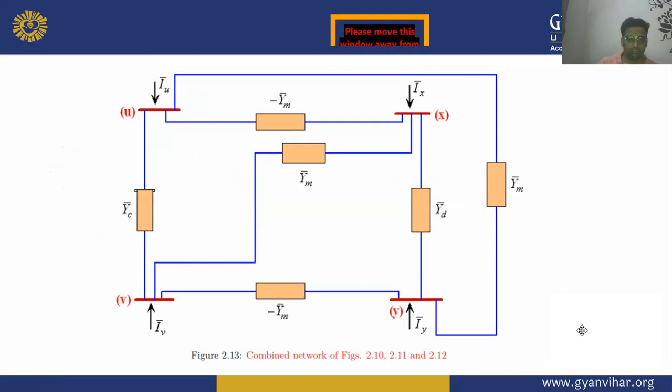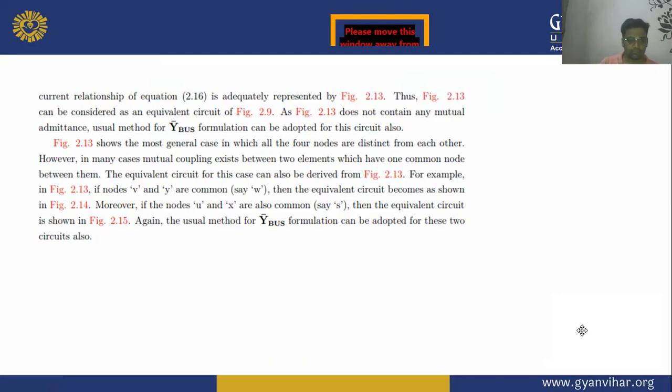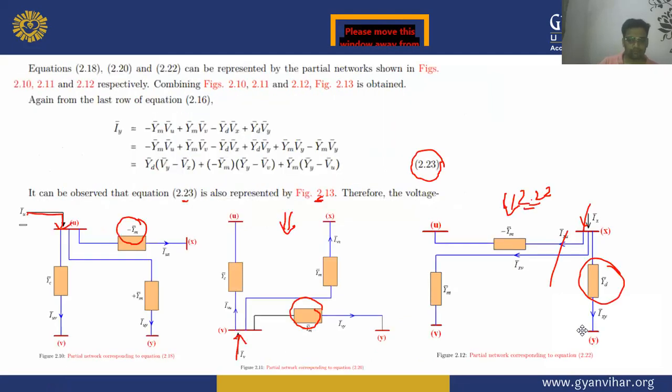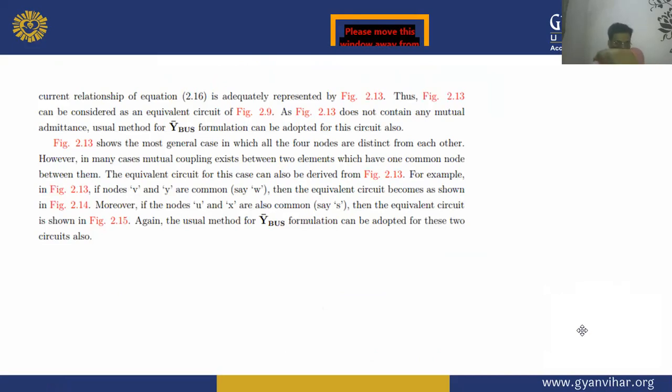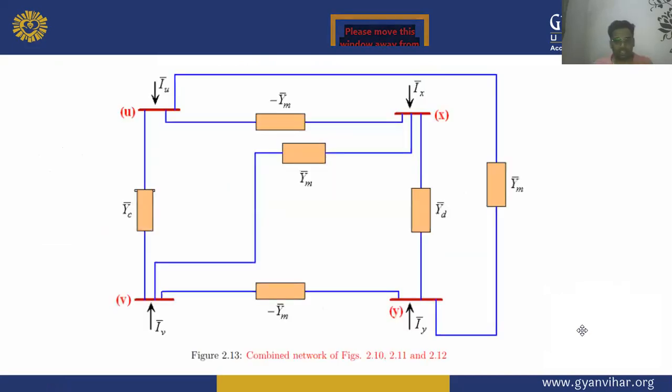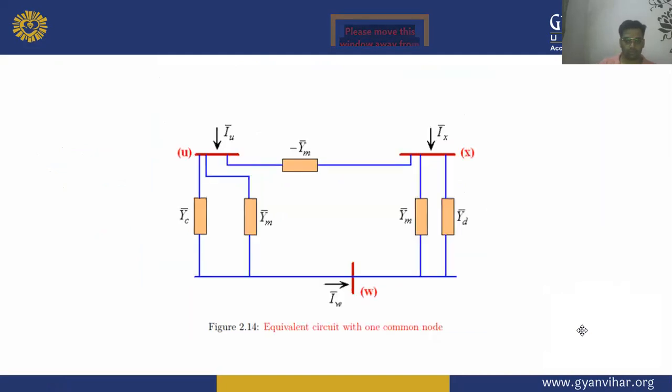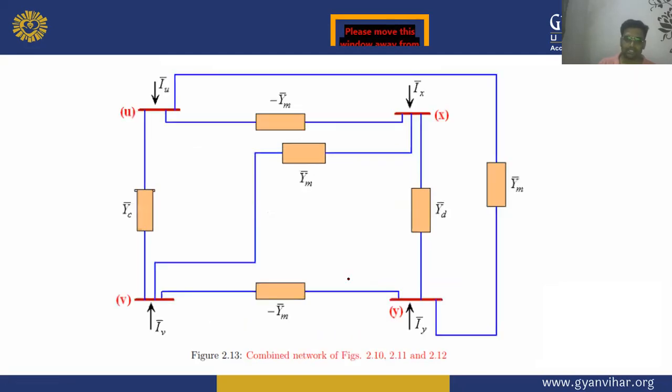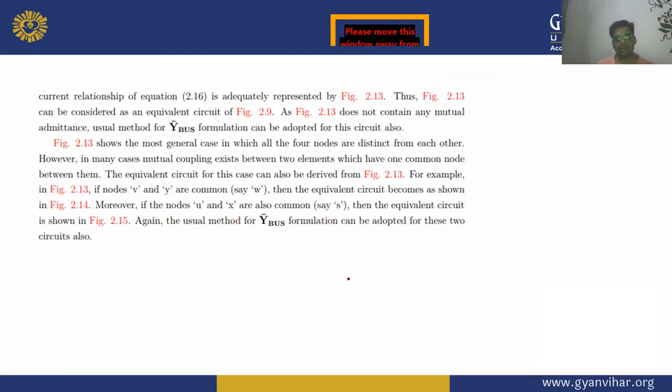This is figure 2.13. Now, if we have this common node, that is V and Y, let us assume this common node V and Y as W, like this. Then we can compute in the same method: at the W node we will be injecting a current Iw. In a similar way we will be identifying the admittances between each of the buses.